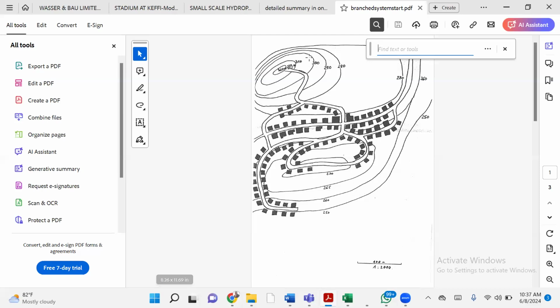Okay. Let me further demonstrate this by opening my whiteboard. Let me share something on the whiteboard. So this is my whiteboard. Let's assume there's a house here. Then there's another house here.